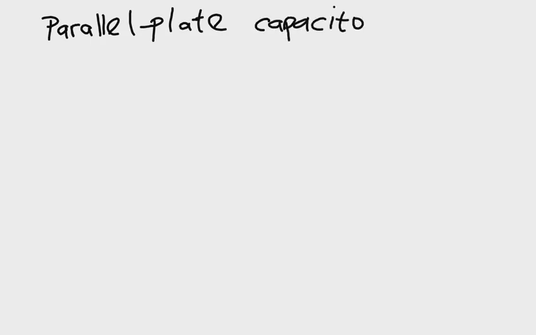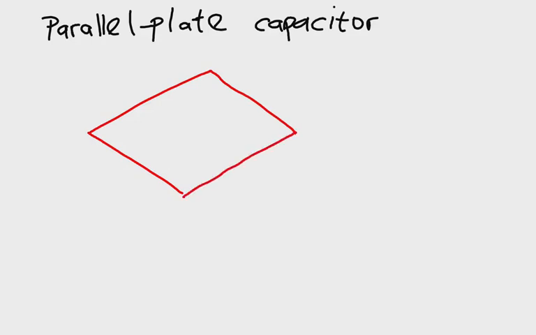Imagine you have a capacitor formed by parallel plates. Imagine you have another plate under it. Now you have 2 plates, each of them having area A.